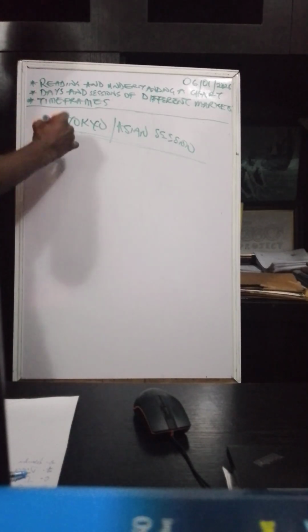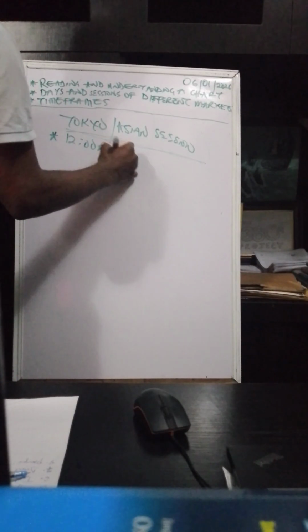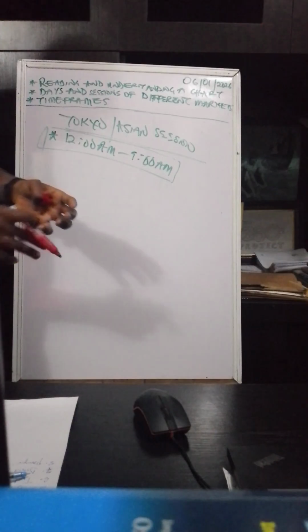It runs from 12 a.m. to 9 a.m. So this is where you see the average volatility. This is when all the Asian money is moving, the Chinese people are moving their money, the Japanese people are moving their money, everybody is moving their money in the Asian space. And there is a lot of volatility now because of the growing economies.